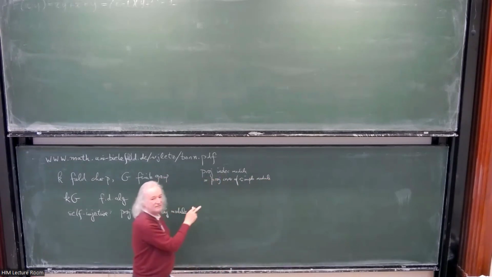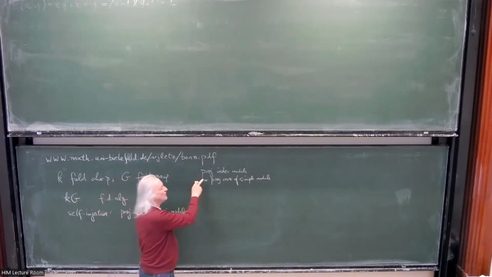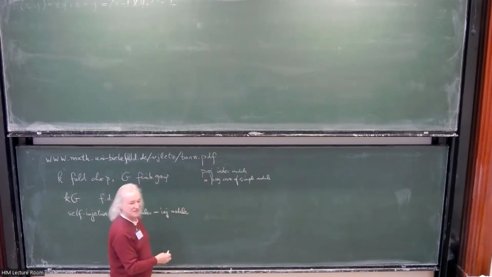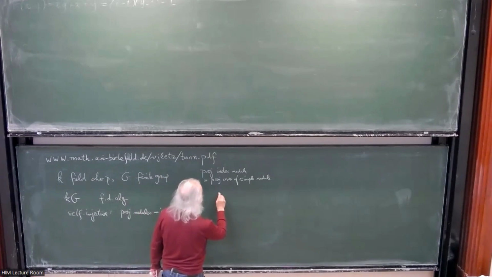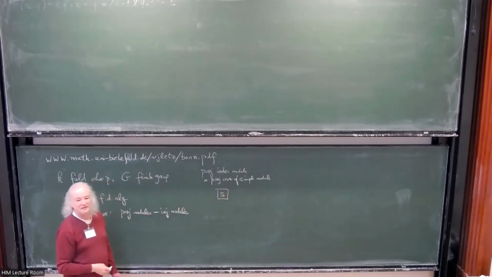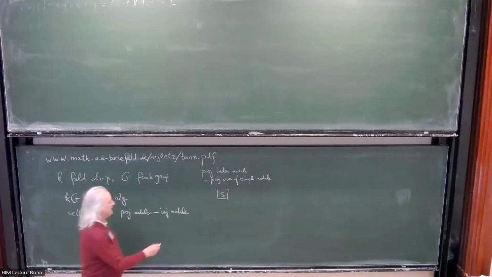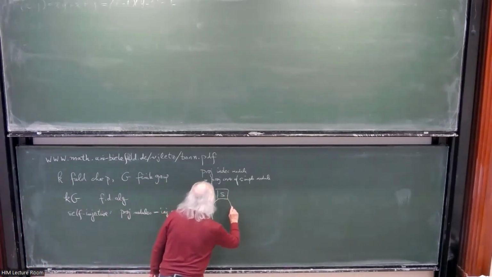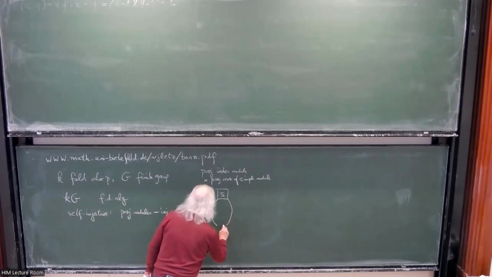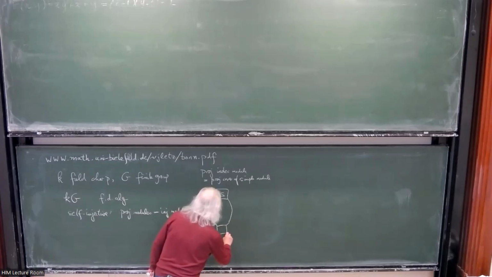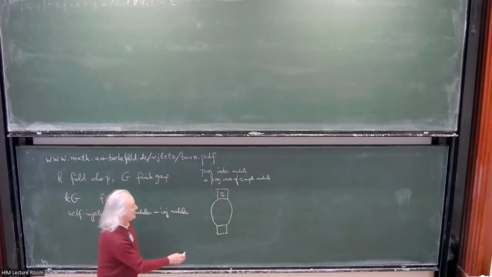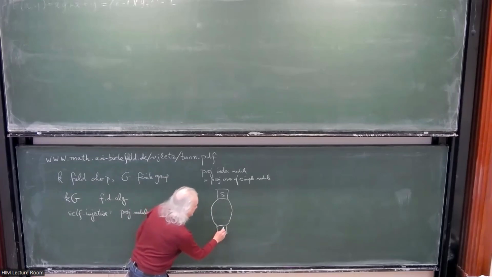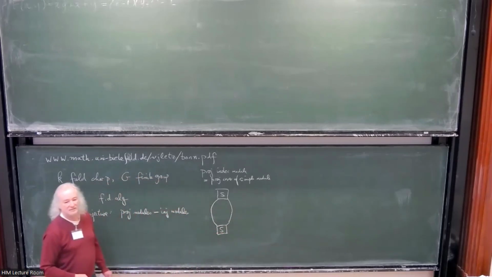And this actually gives you a one-to-one correspondence between the isomorphism classes of projective indecomposables and the isomorphism classes of simples. So the structure of the projective indecomposable is that it's got a unique top composition factor, which is that simple module. Then it's got some stuff in the middle. And then at the bottom, it's actually got a unique composition factor because it's an injective indecomposable. But the fact is that this is the same simple module at the bottom.